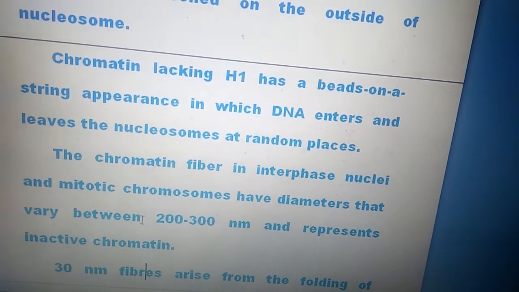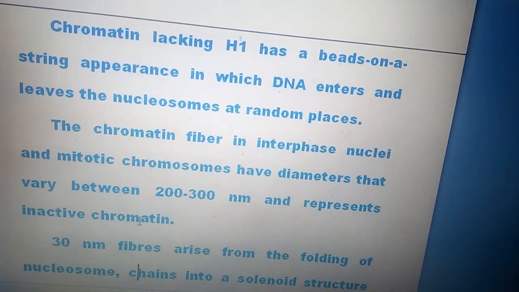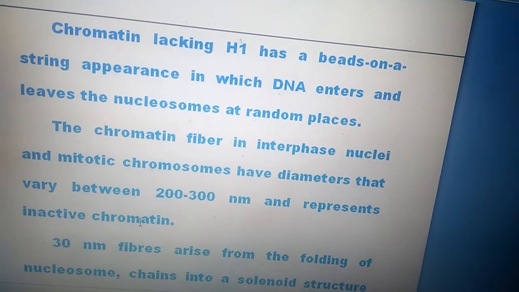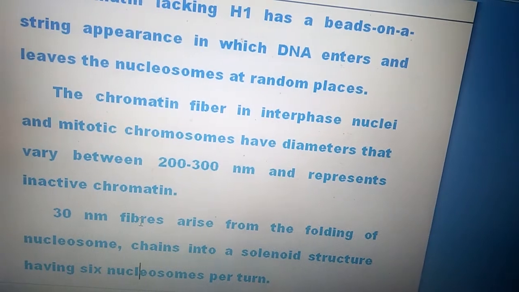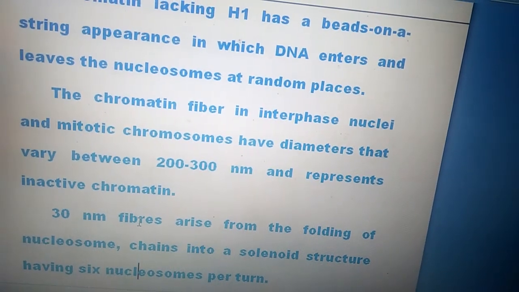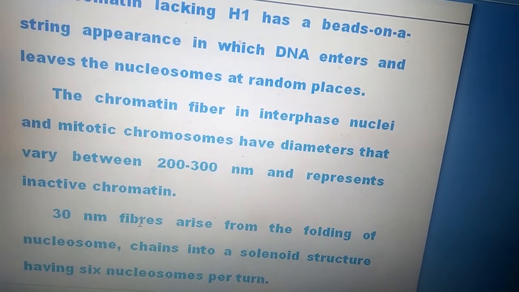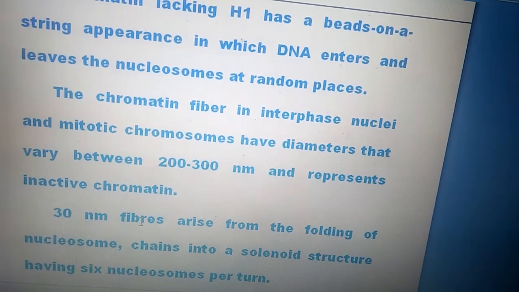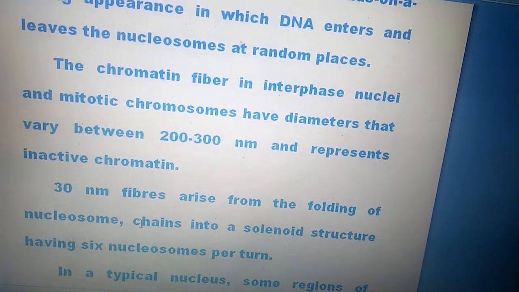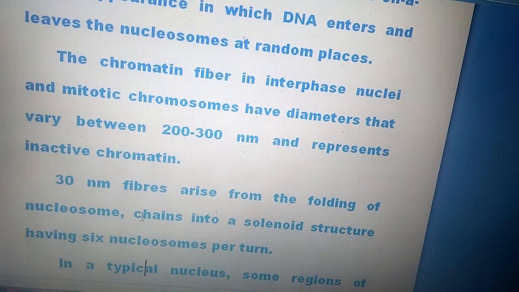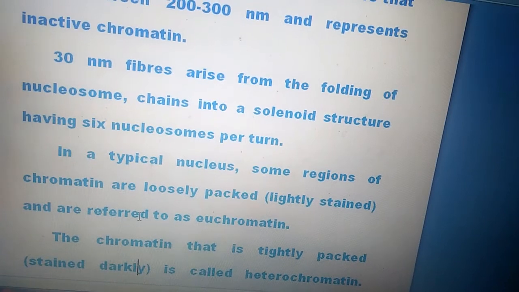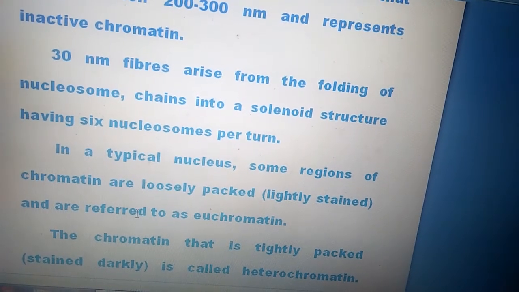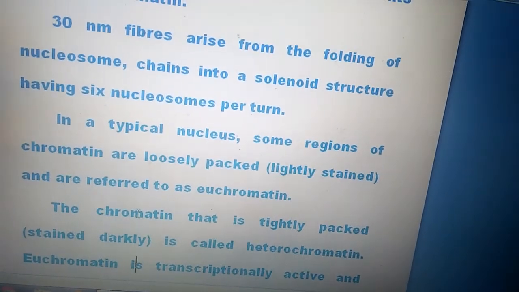The chromatin fiber in interphase nuclei and mitotic chromosomes has a diameter that varies between 200 to 300 nm and represents inactive chromatin. The 30 nm fiber arises from the folding of the nucleosome chain into a solenoid structure having 6 nucleosomes per turn.